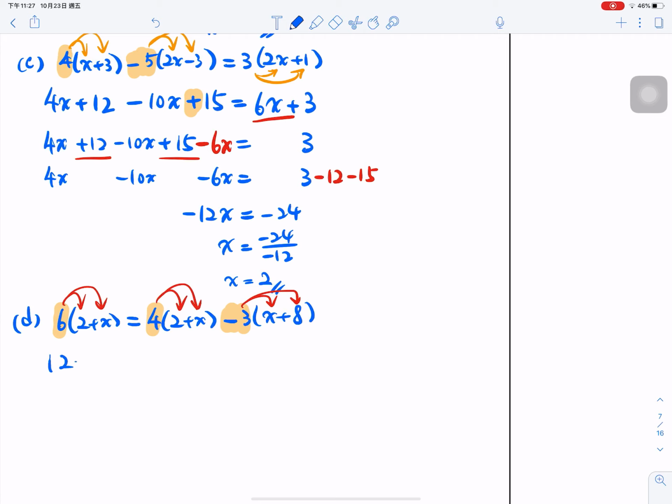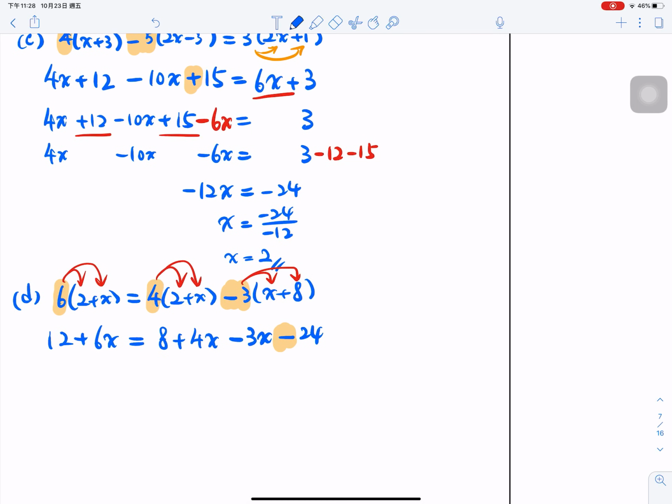Here 12 plus 6x equals 8 plus 4x, right? And this one, be careful, minus 3x and then minus 24. You can think of it as negative 3 times x, so minus 3x, negative 3 times 8, so negative 24. Understand? Then what's next?